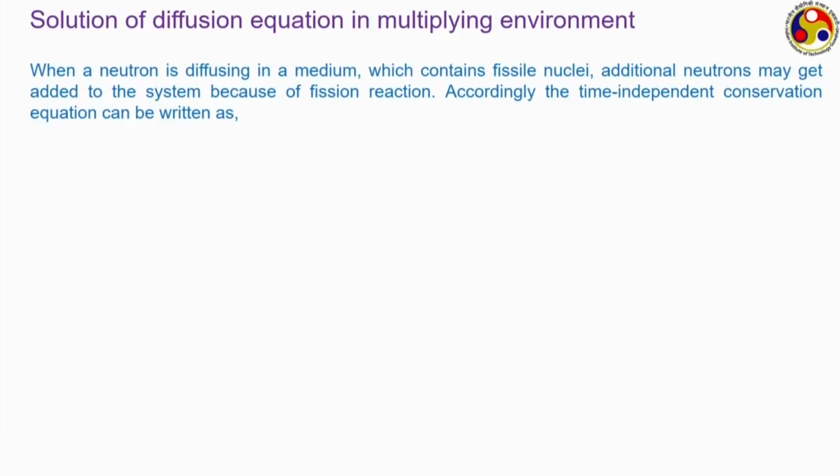Now, we enter the situation of multiplying environment. Like the three problems that we have discussed so far, there we have considered the surrounding medium not to have any kind of fissionable nuclei. But in a typical nuclear reactor, we may have fissionable nuclei present as well.